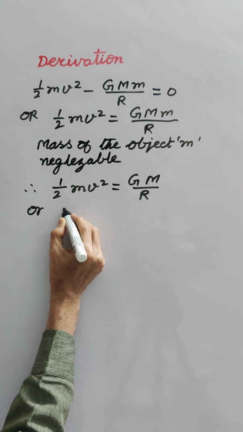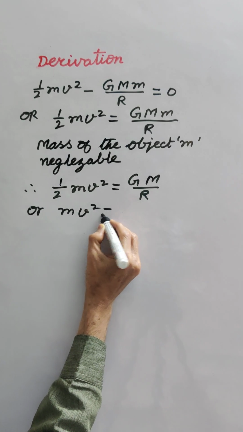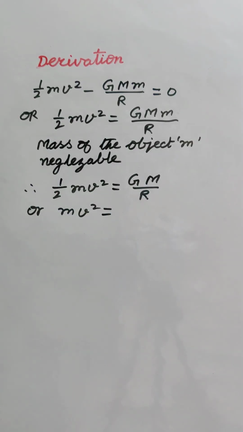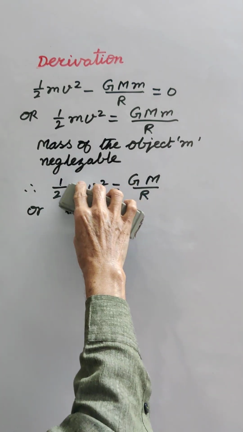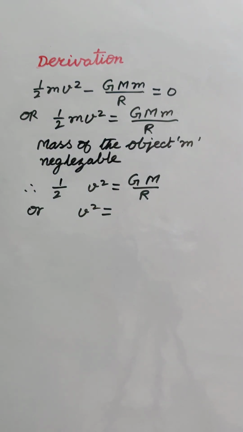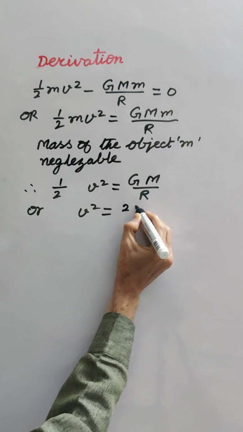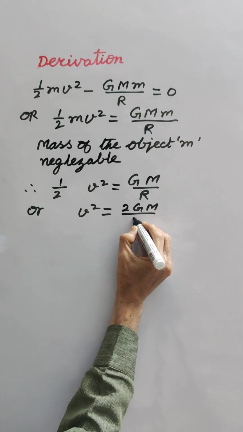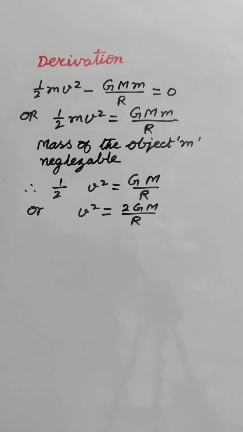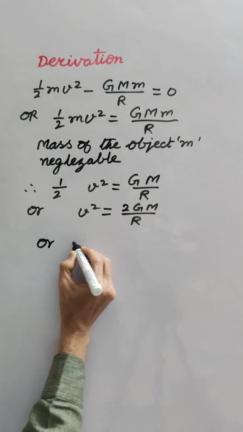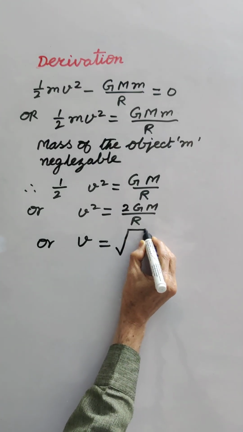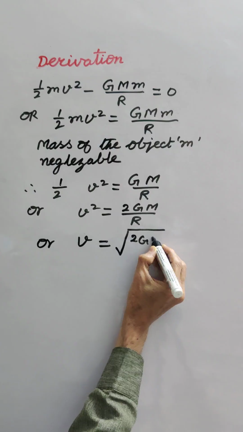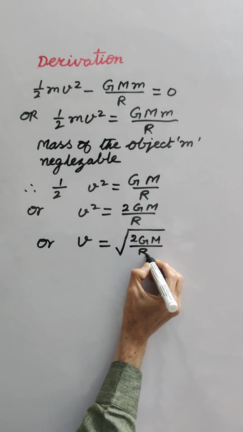Or we can say v square is equal to 2GM upon r, so V is equal to square root of 2GM upon r.